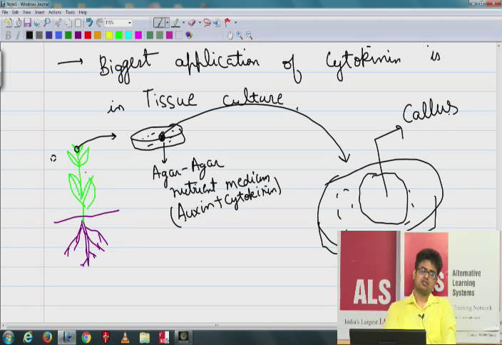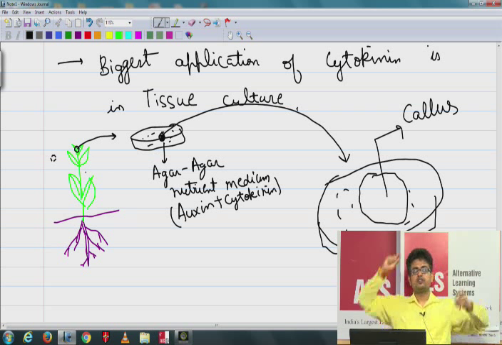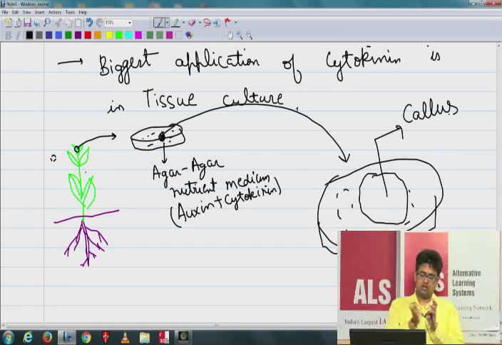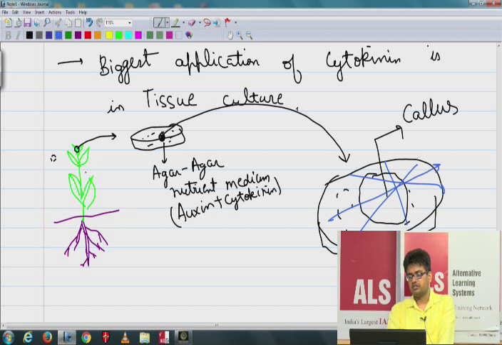Cells are undergoing cell division, so it was very small. Now it has become big. Now we cut callus into many parts. Suppose you want 16 parts. You can cut it in a pizza shape pattern, 16 parts, 8 parts, 4 parts.